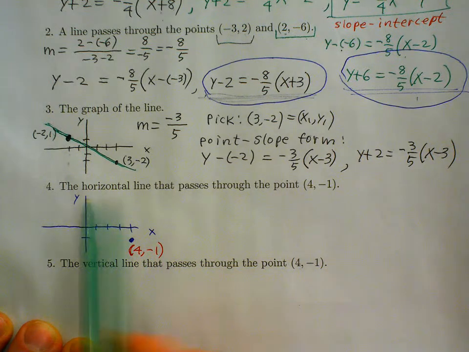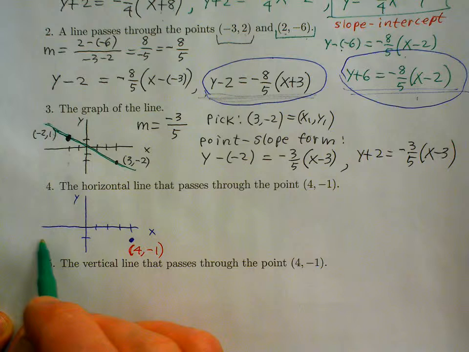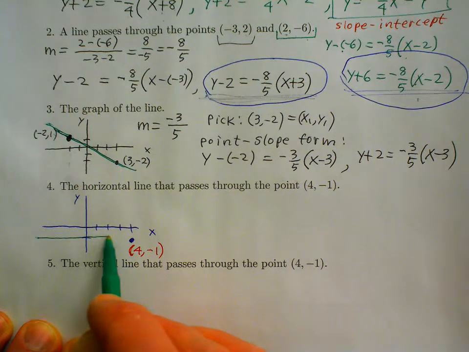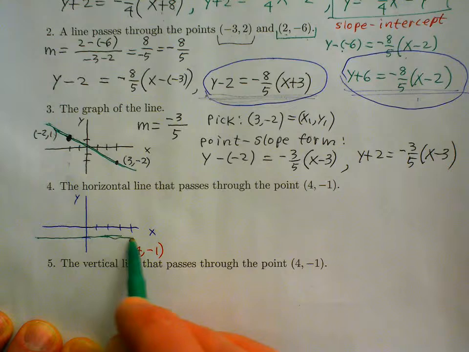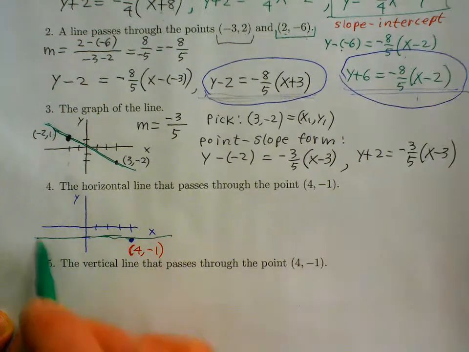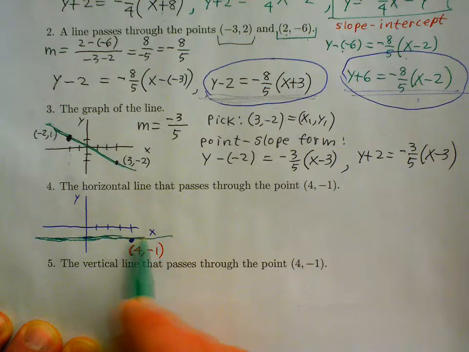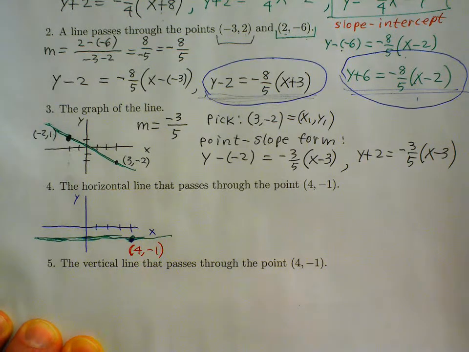And a horizontal line looks something like this. So pretend like that's a horizontal line that passes through the point 4, -1.